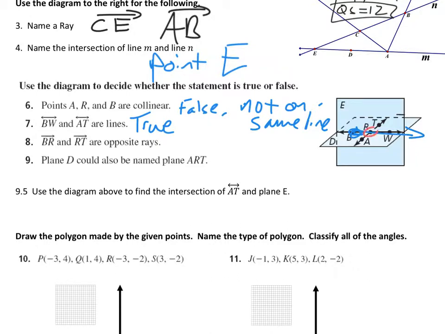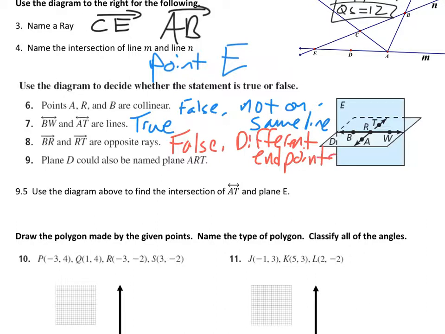Then RT starts at R and goes through T. They're not even close to opposite rays. They're going totally different directions, and they don't share an endpoint. Opposite rays have to share an endpoint and go opposite directions. So this just plain has different endpoints. They've got to share the same endpoint and go opposite ways.